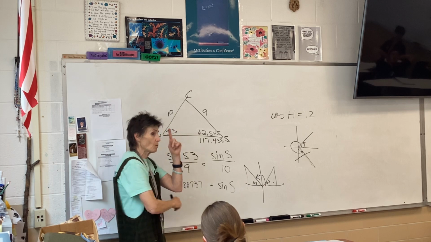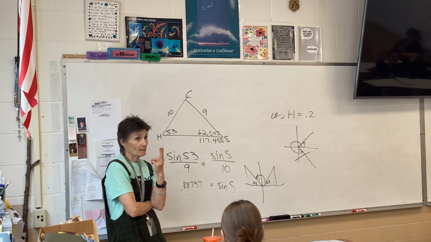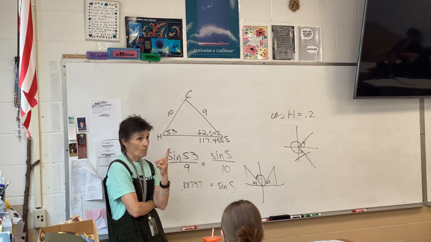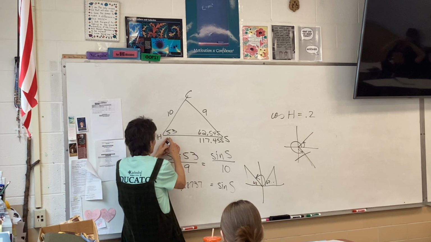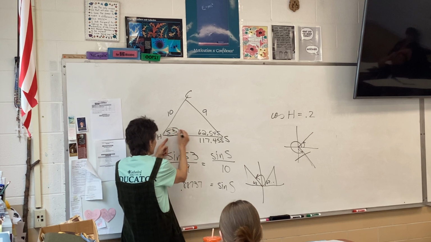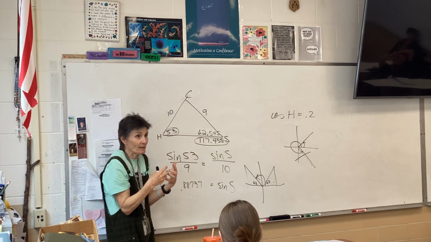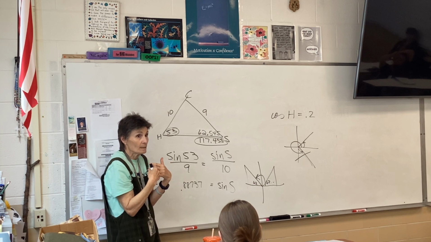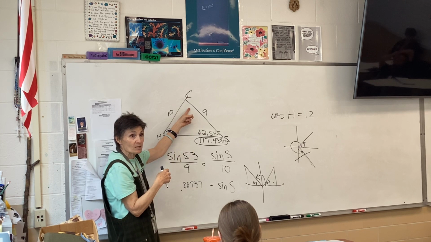So in other words, there are actually two angles that could be. Now, I need you to look at this carefully. Would it be okay to have in a triangle a 53 and a 117? Could that happen in a triangle? Yes. What do they add up to? 170. That leaves 10 left over for this one.